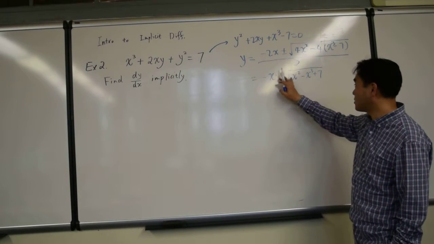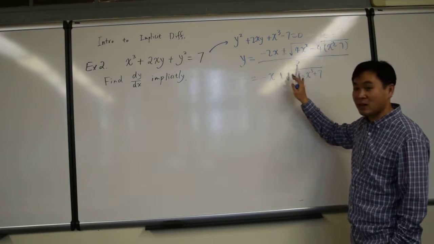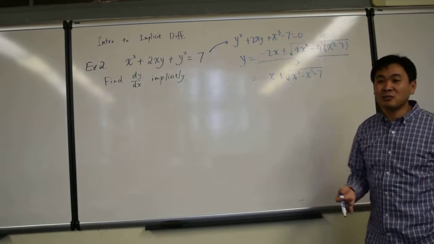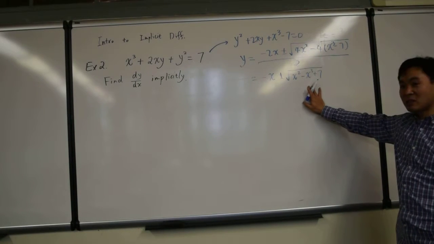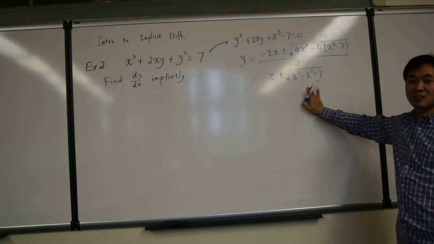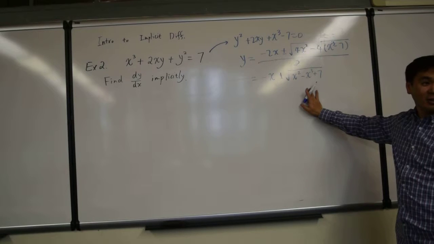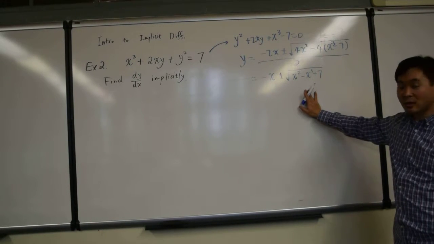When y is bigger than negative x, you use the plus. If y is less than negative x, you use the minus. And it's very ugly. I guess you can actually write down the solution, but the explicit solution is not that pretty. And some people wouldn't like that. So in such a case, implicit is better than explicit.